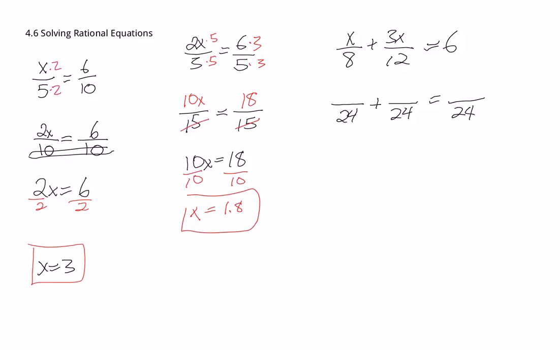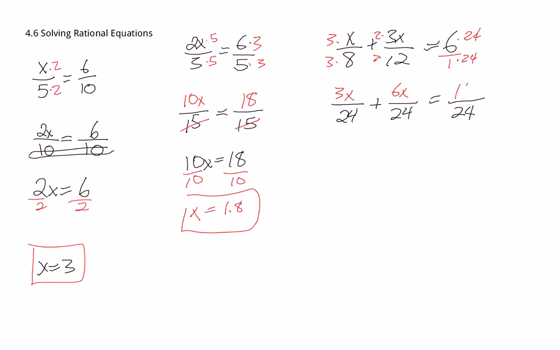Because remember, if there is nothing on the bottom, we could always think of that as being over 1. So to get everything over 24, we're going to times our first fraction by 3. So we'll have 3x. Our second fraction, we need to times it by 2. So that would give us 6x. And for the last one, we'd have to times it by 24.